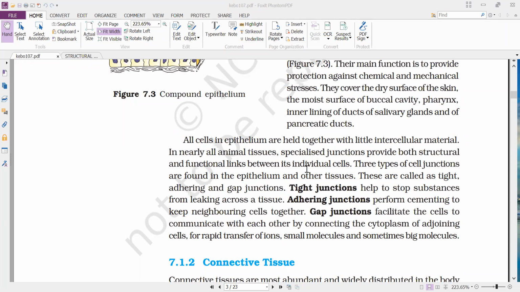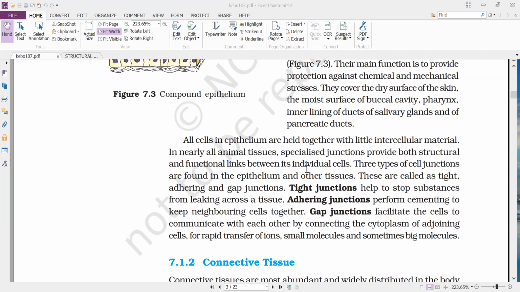What are these tight junctions? Tight junctions help to stop substances from leaking across a tissue. Here the cells are very tightly attached, with no space and no matrix, very tightly bound to one another.